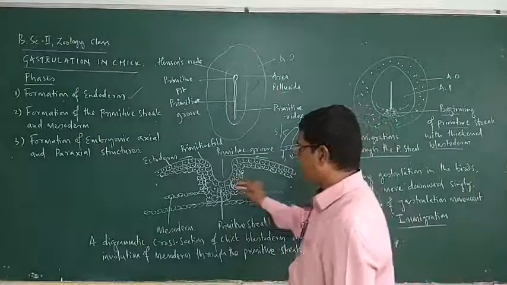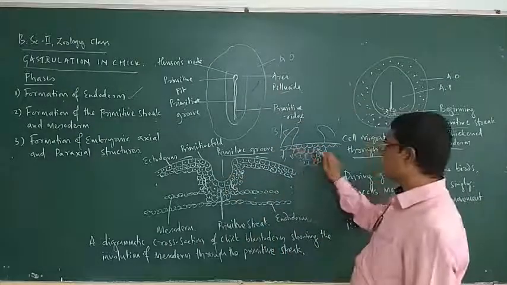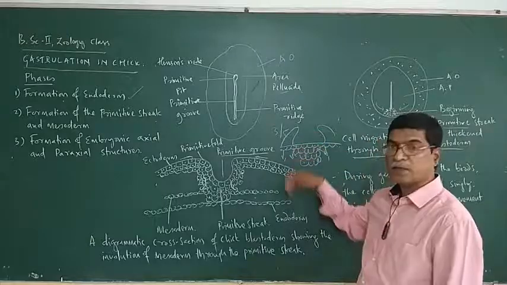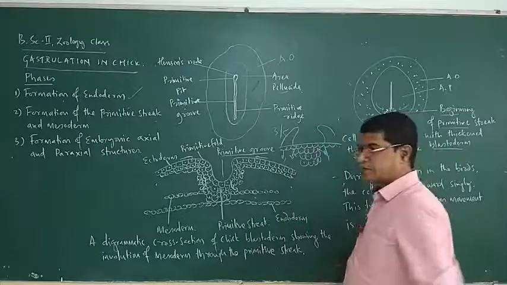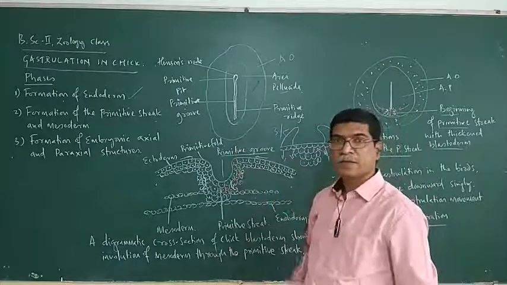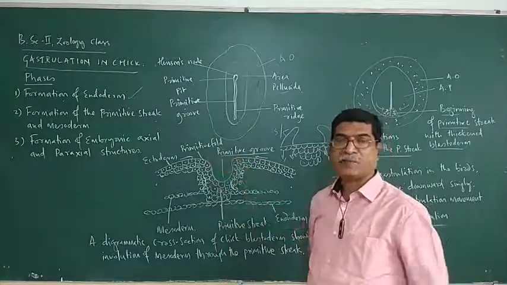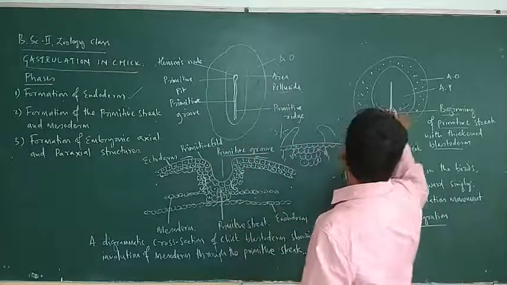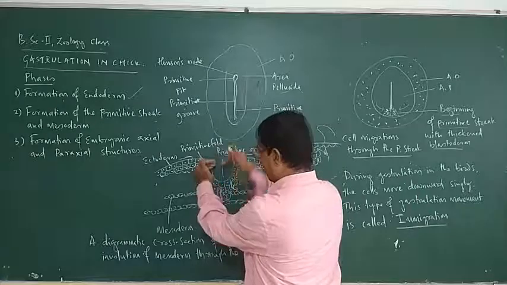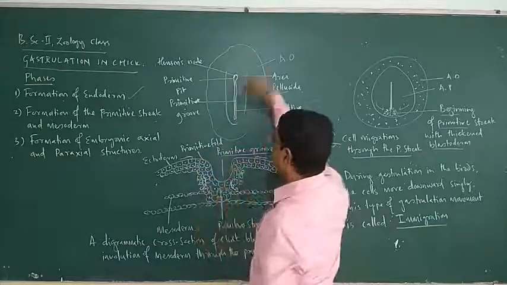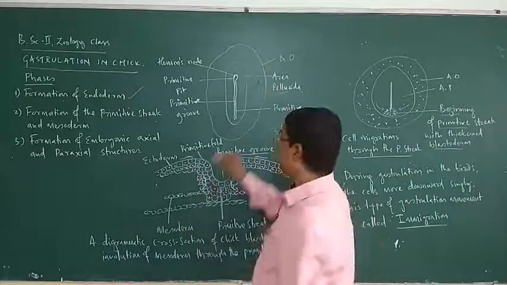Now what happens? The cells of this region are moving downward, singly. As a result, a groove is formed along the midline of the primitive streak. This is elevated. The groove is formed along the entire length of the primitive streak.